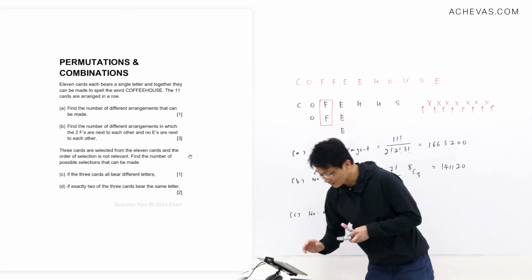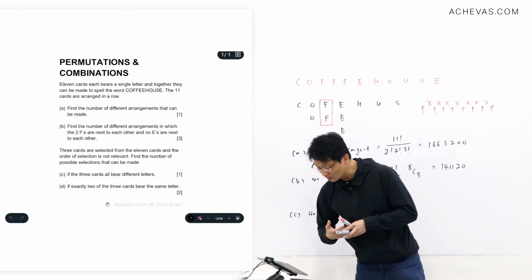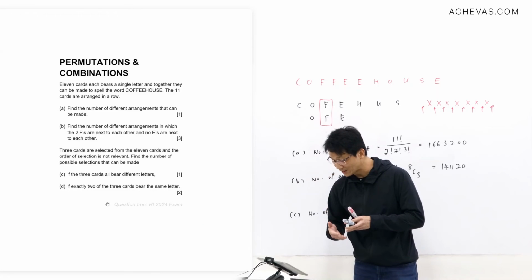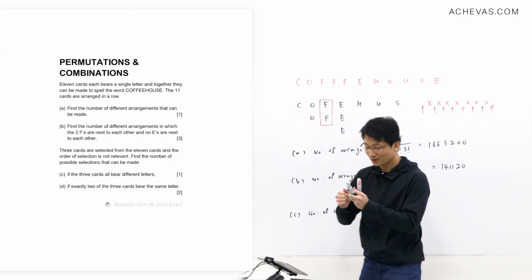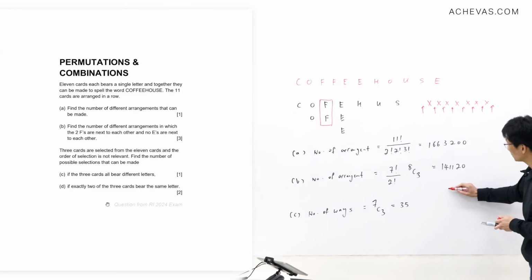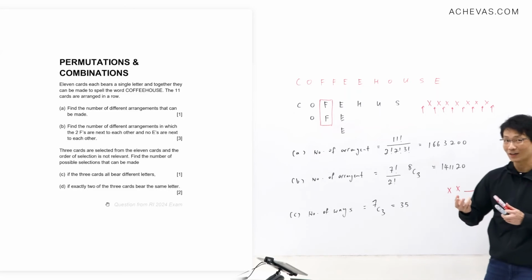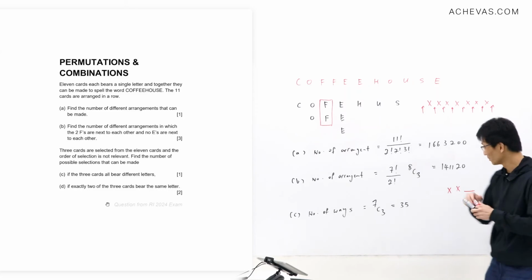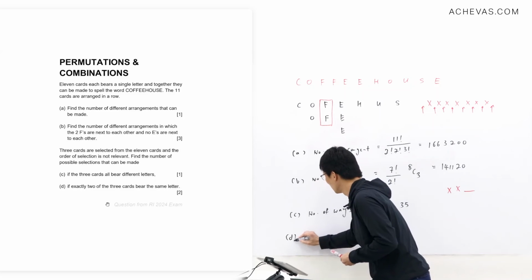Okay, and the last part of the question. I want to find the number of ways in which exactly 2 of the 3 cards bear the same letter. So it will probably look something like this. These 2 cards will be the same, and we have another card that is different from these 2, because I want exactly 2 cards to be the same, not 3 cards to be the same. Let me just write down this first.